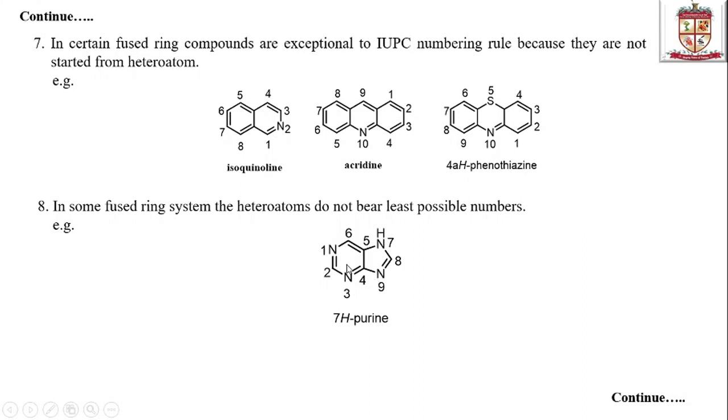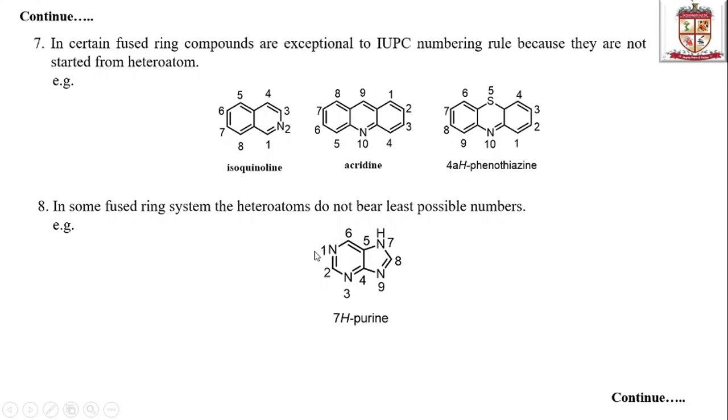Purine is basically the fusion of two rings: the first one is pyrimidine and the second one is imidazole. Pyrimidine and imidazole, these two rings are fused to form purine.